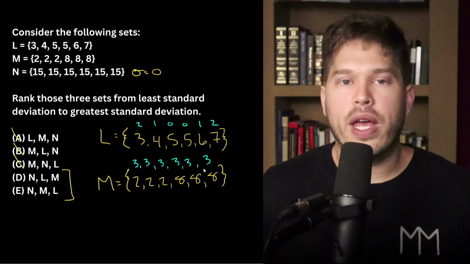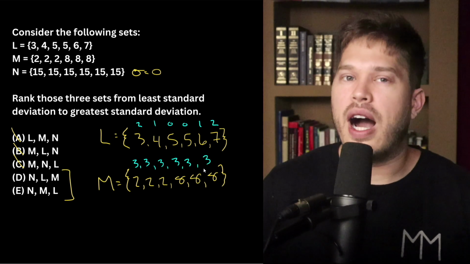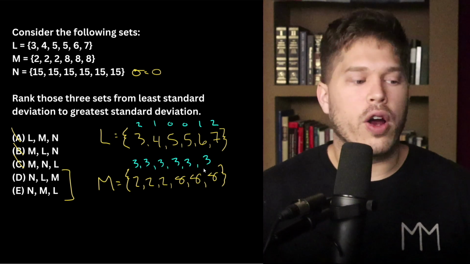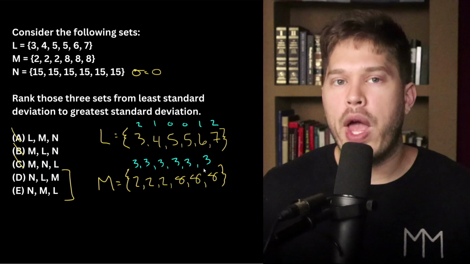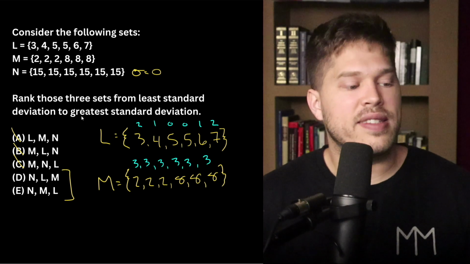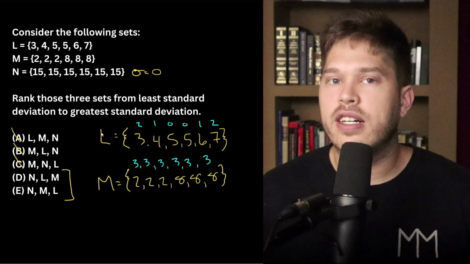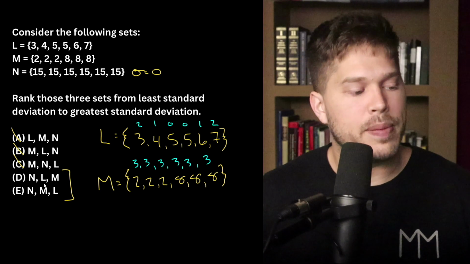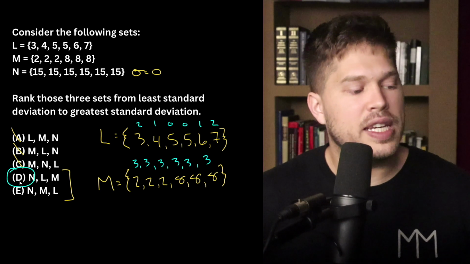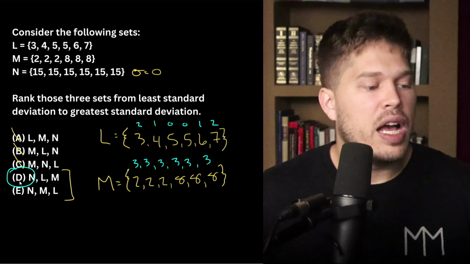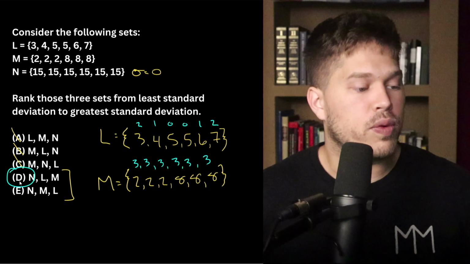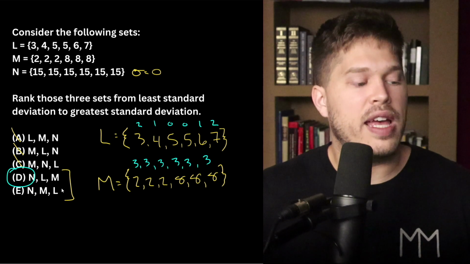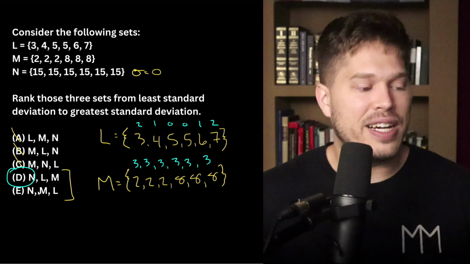However, even though we have a uniform spread, we're going to have a higher standard deviation because our values are typically farther away from the mean than in set L. So set L is going to have a lower standard deviation when compared to M. So our answer is going to be, again, answer choice D. In order from least to greatest standard deviation, we have set N, then set L, then set M.